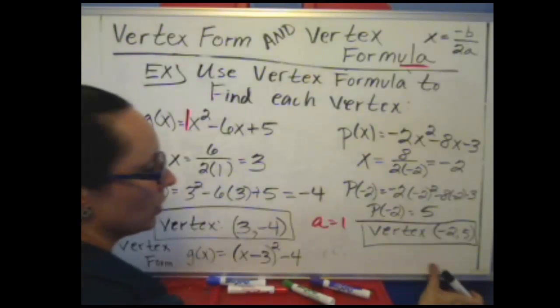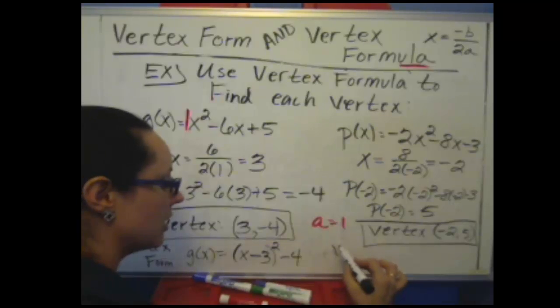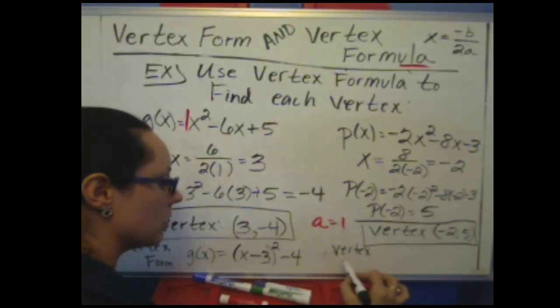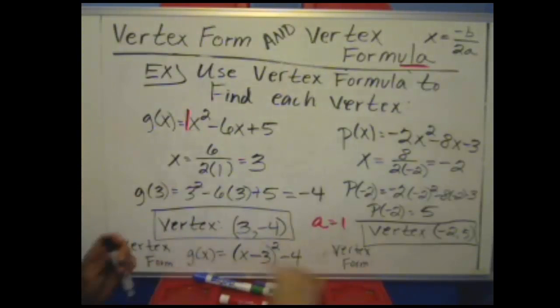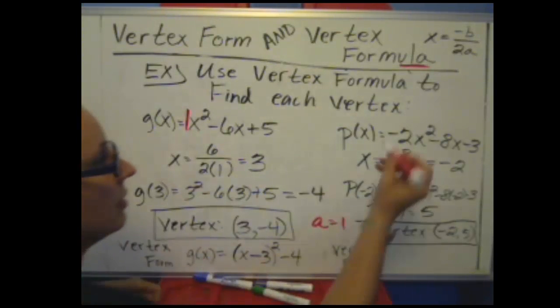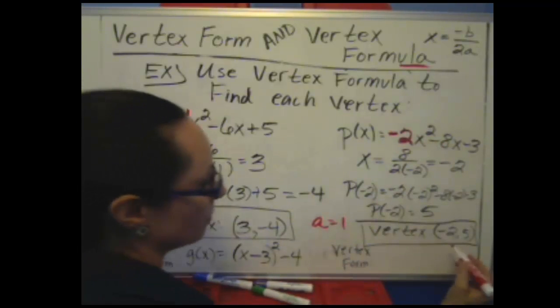If we wanted to go a little further and reiterate the idea of vertex form for this, it can also be found from looking at this vertex, and of course from noticing that the A this time is not actually a 1, the A is -2.